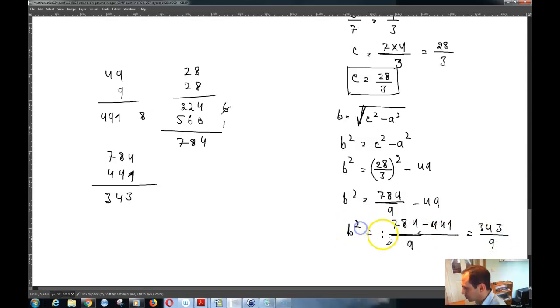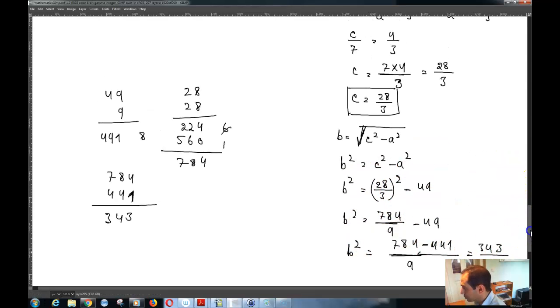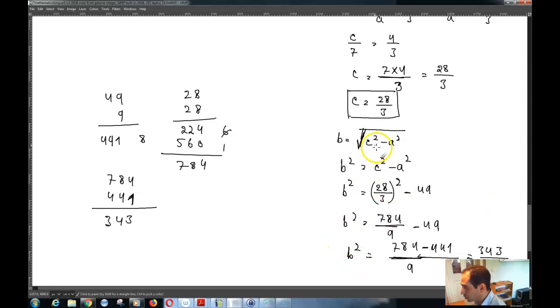That is b squared. So b squared is equal to 343 ninths.